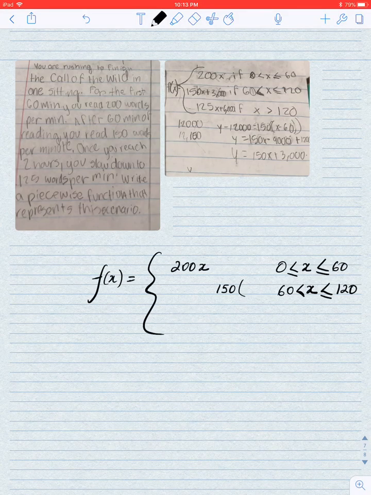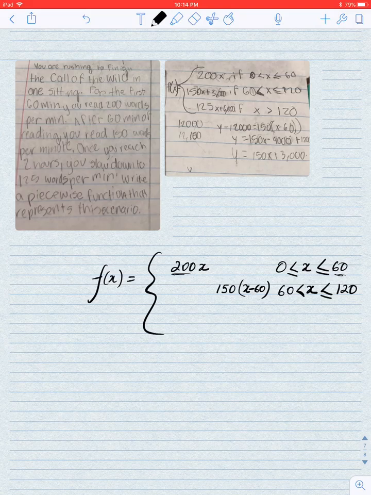But the quantity of time for which you're reading at 150 words per minute is going to be x minus 60 minutes, right? Because the first 60 minutes you're doing 200 words per minute. So x minus 60 represents the number of minutes where you're reading at 150 words per minute.